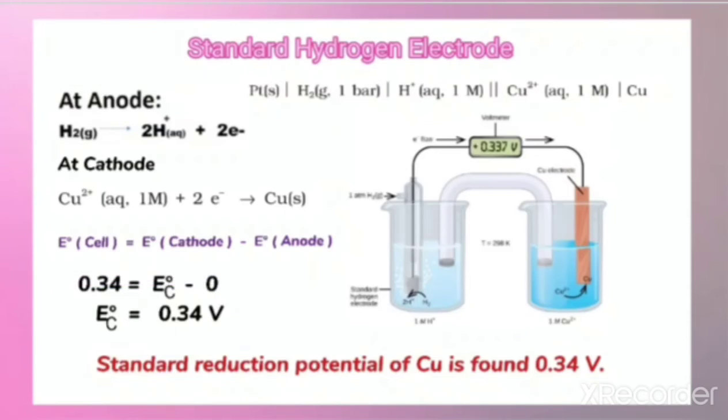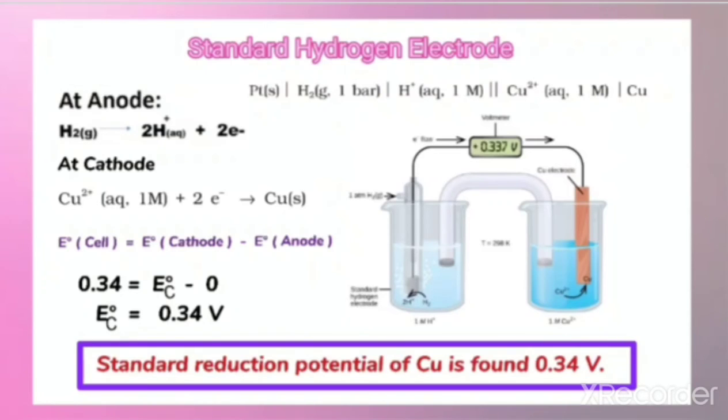So we have found the standard reduction potential for copper, that is 0.34 volt, a positive value, by connecting the copper electrode with the standard hydrogen electrode.